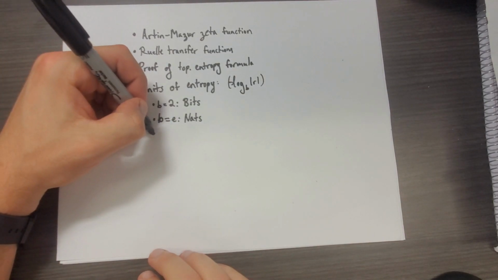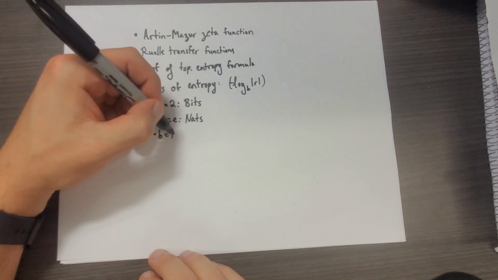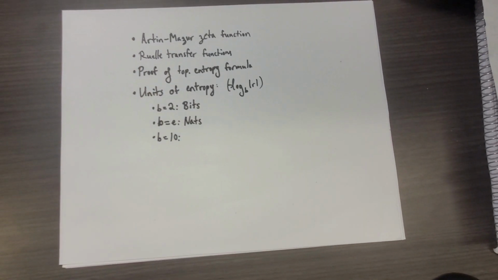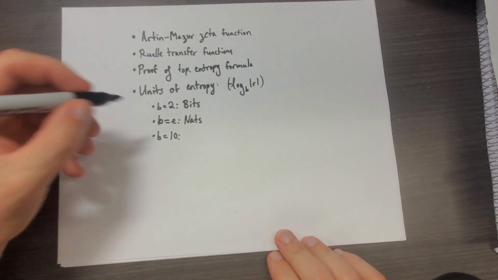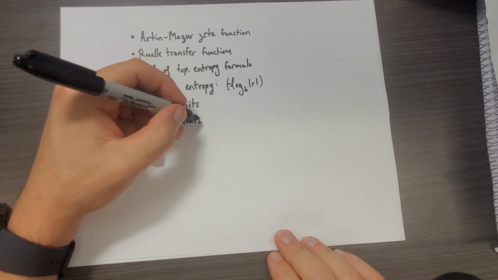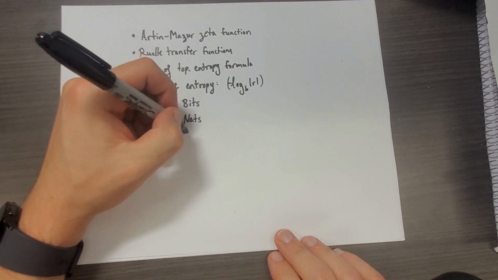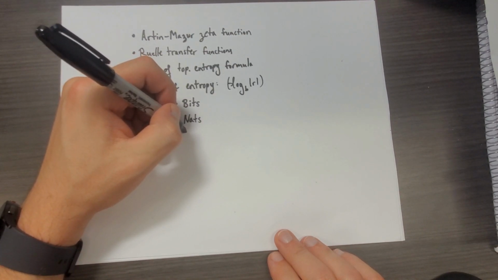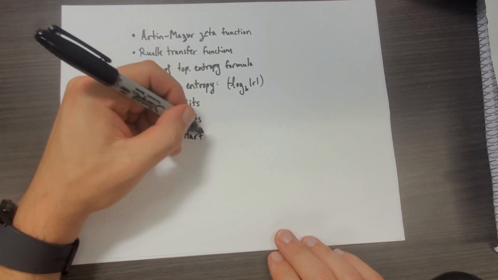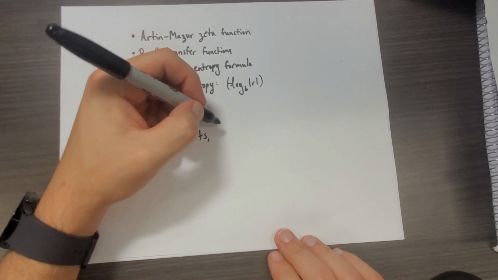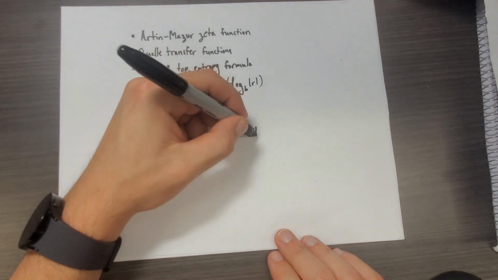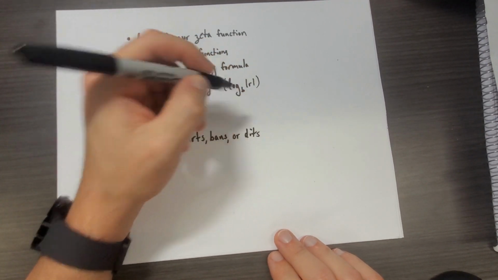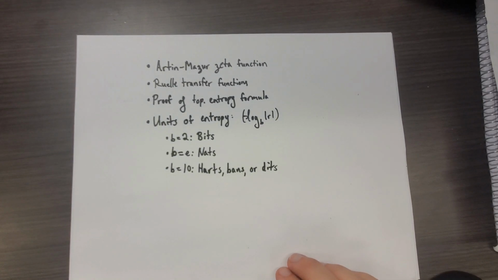And there are a couple of others. I can't remember what it's called when you use 10. Let me look it up. Okay, so if you use base 10, these are called Hartleys or bans or dits. So the way they write that is Hartleys, bans, or dits, which means decimal digits. And I think those are generally all that you use.